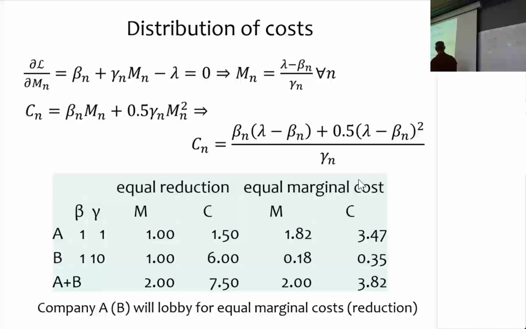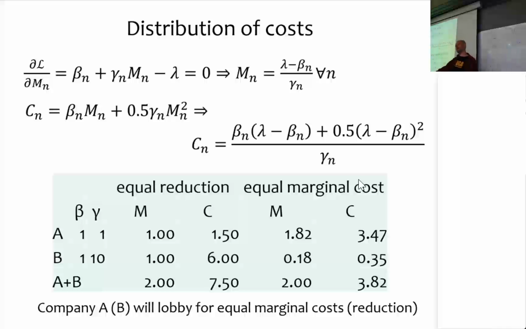So let's do, because you guys are not used to thinking in equations, right? So let's do a simple calculation. We have two companies, A and B. They have the same linear cost parameter. Beta is 1 for both of them. One has a shallow cost function, gamma is 1. The other has a very steep cost function, gamma is 10, right?